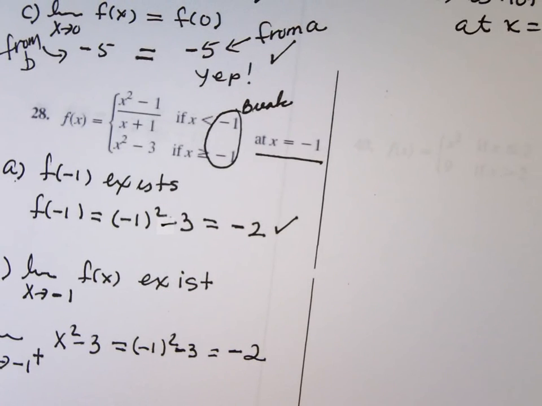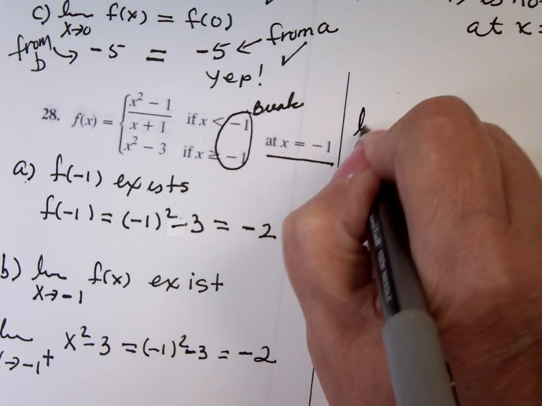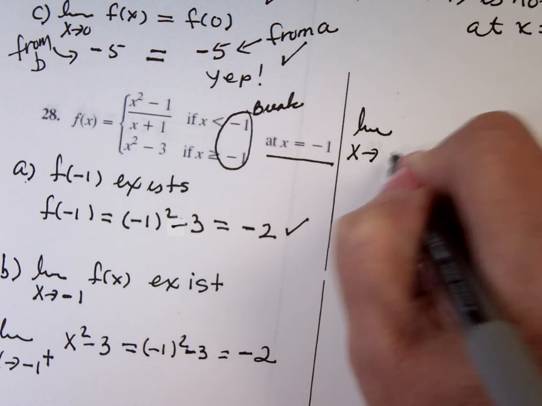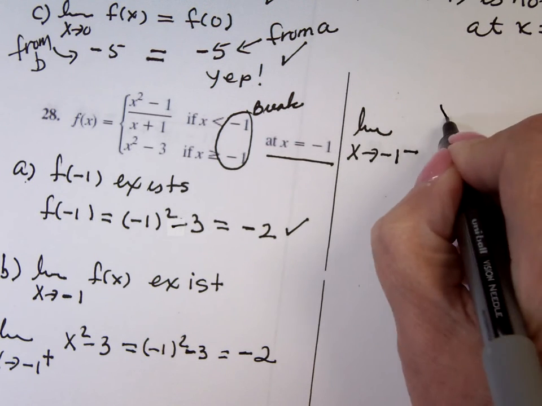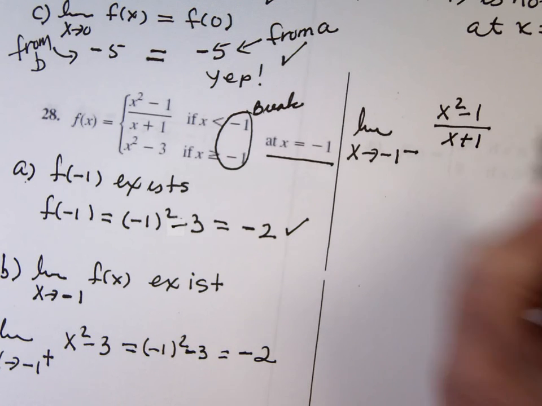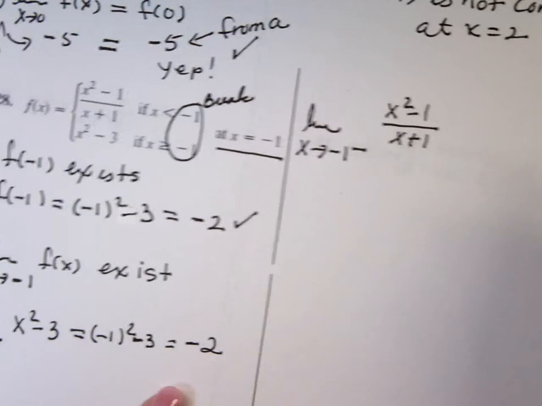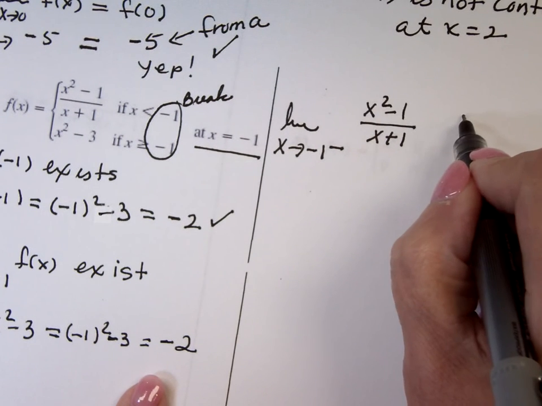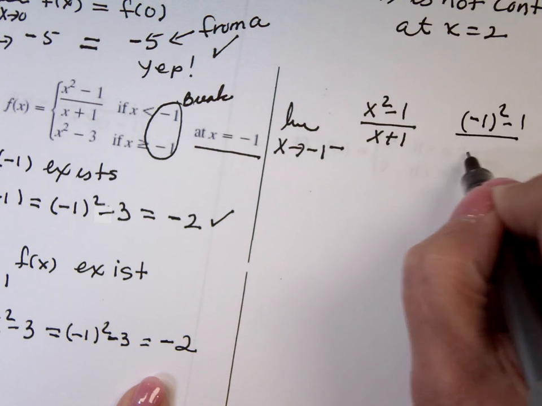So here we go. I'm going to move to the top of this page over here. I'm going to take the limit as x approaches -1 from the left of x squared minus 1 over x plus 1. Well, plug it in. This is going to be -1 squared minus 1 over -1 plus 1.